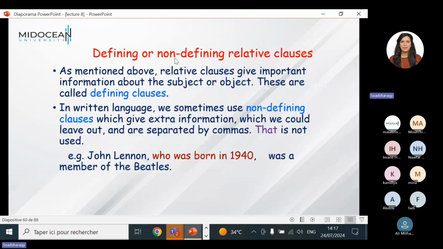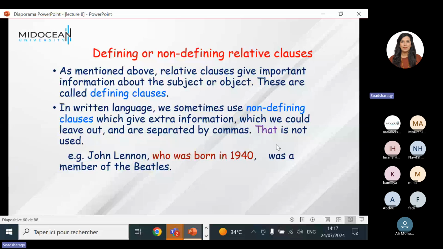Defining or non-defining relative clauses. As mentioned above, relative clauses give important information about the subject or object. These are called defining clauses. In written language, we sometimes use non-defining clauses, which give extra information which we could leave out and are separated by commas.